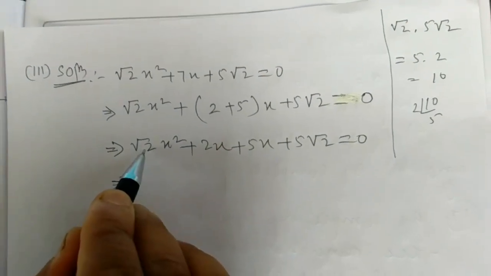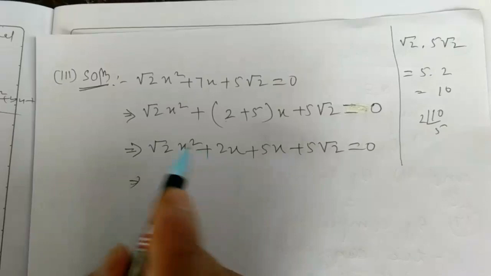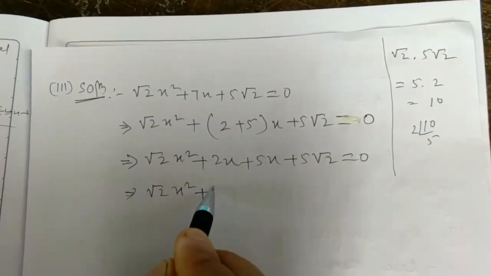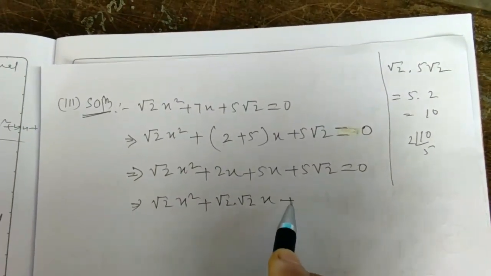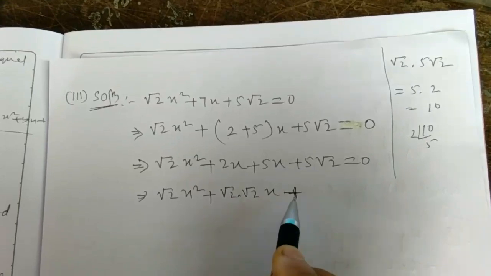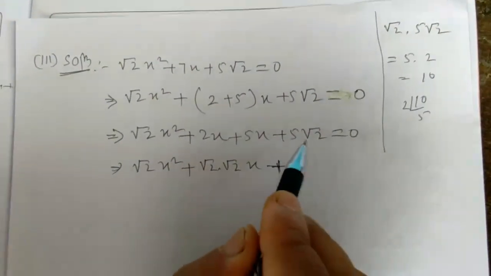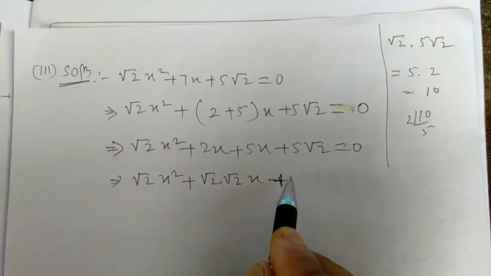Then here there is no root, so we must express this 2 in terms of root 2. How will we express 2? We can write root 2 into root 2. Similarly, we cannot write this 5 in terms of root 5, because this is also a root, so directly we can take common.